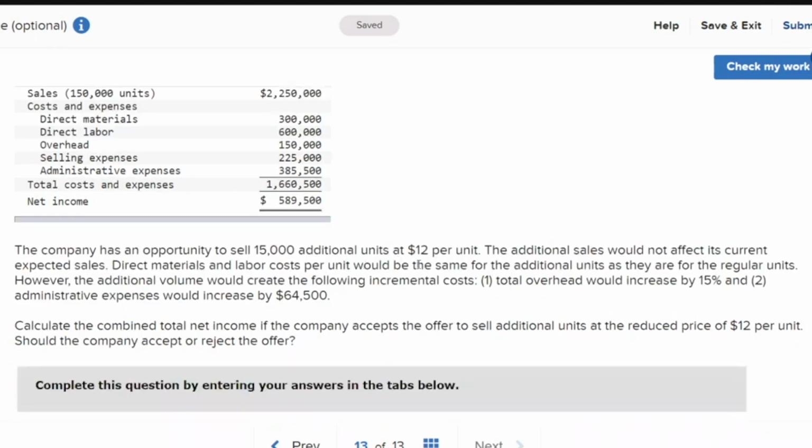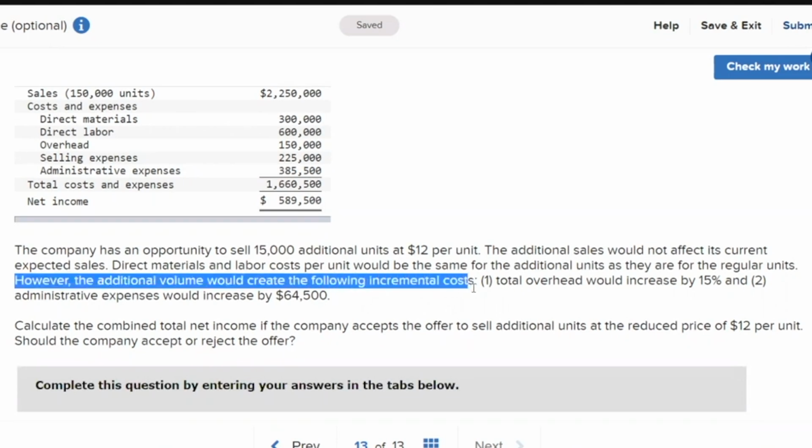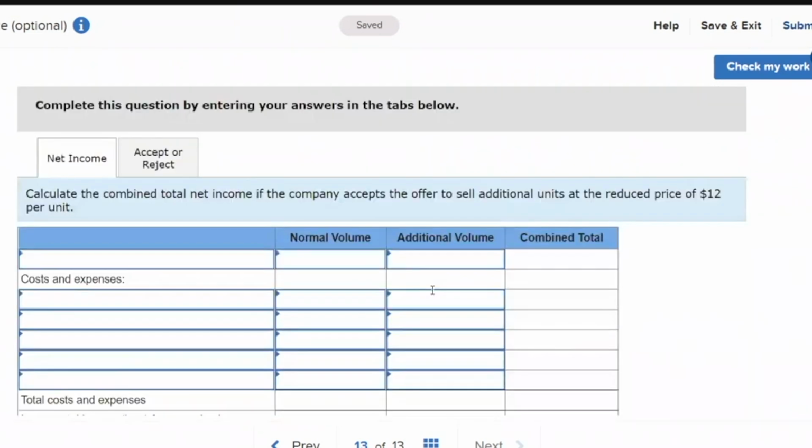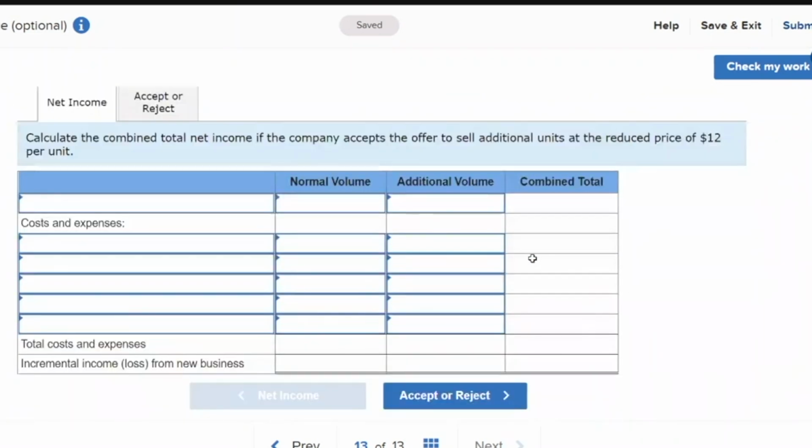Direct materials and direct labor would be the same. However, the additional volume would create the following additional costs. Overhead would increase, administrative would increase. Okay. Calculate the combined total net income if the company accepts the offer at the reduced price. All right, so let's just start this.